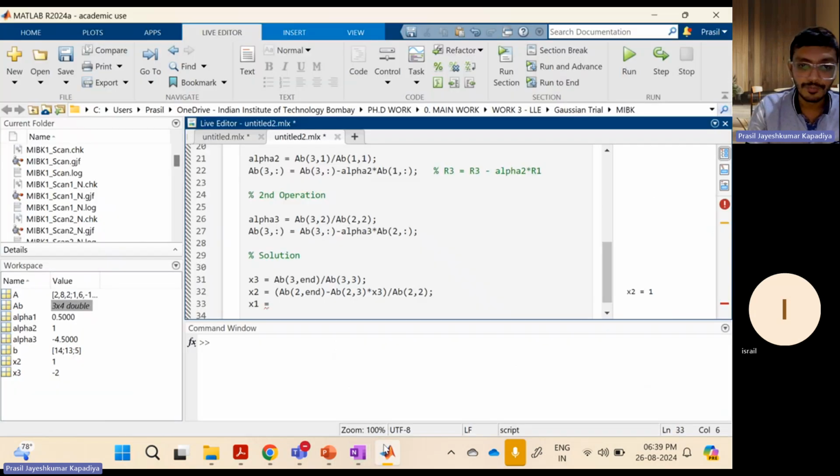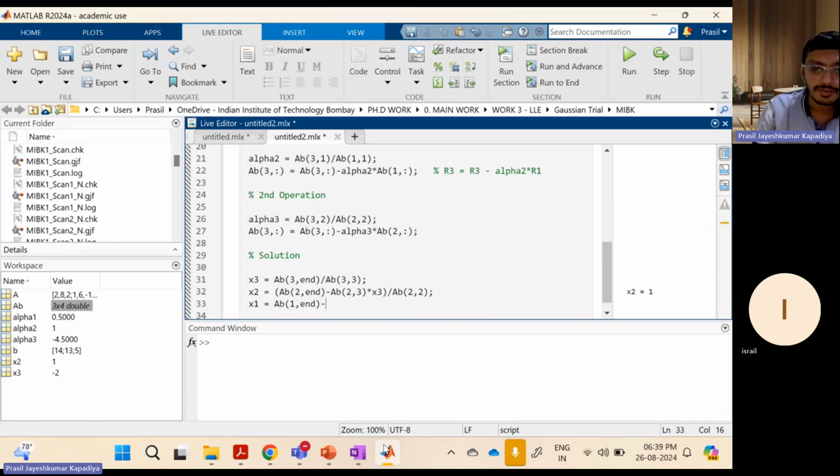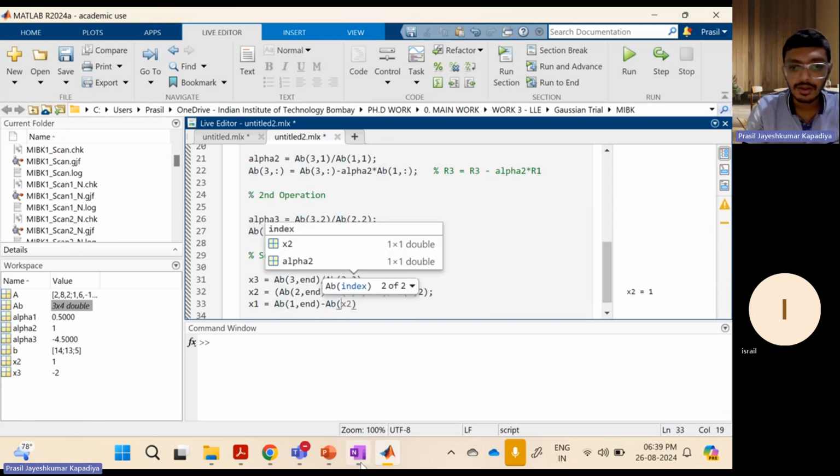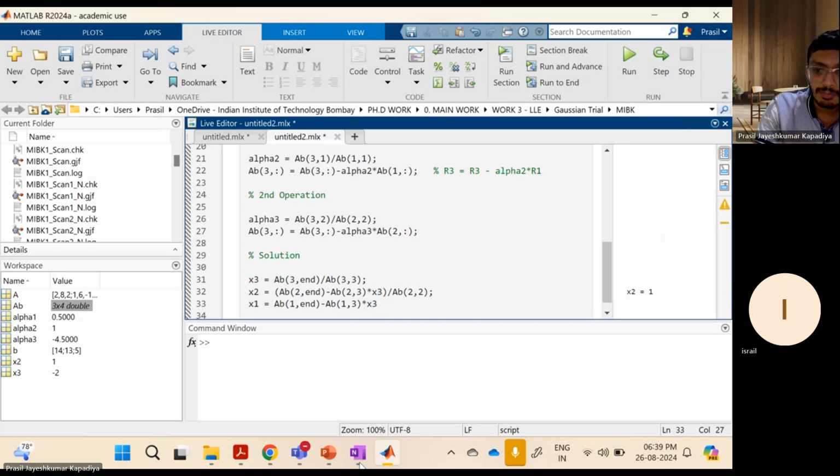So x1 is equal to augmented matrix first row last element minus augmented matrix, if you can see, first row third element into x3 minus augmented matrix first row second element into x2, and this whole bracket is divided by augmented matrix first row first element.